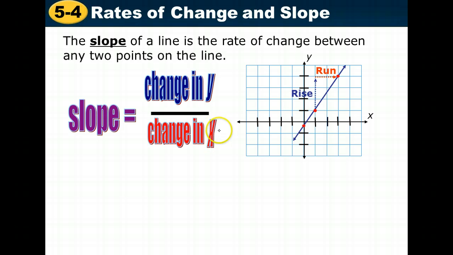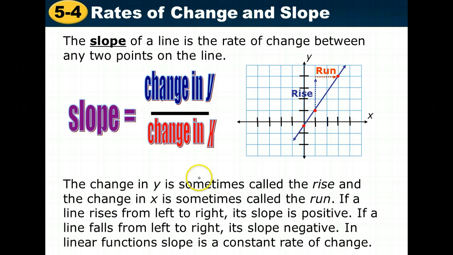All right, so here we can find the change. How am I getting from this point? Here's one good point. How are we getting from this point to that point? First we need to rise. We need to rise 1, 2, 3, so 3 units, and then run 1, 2, so 2 units. So again, it is rise over run.